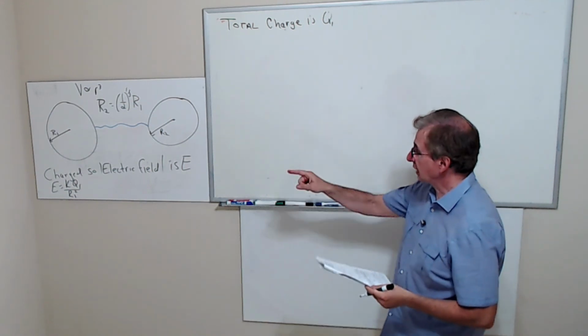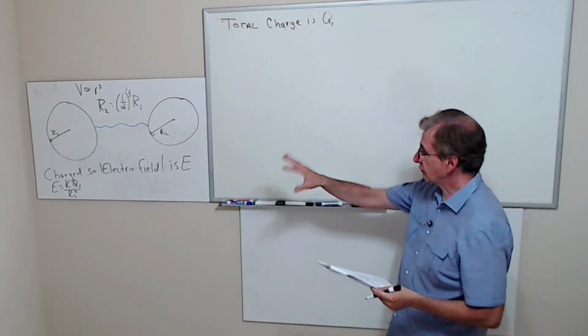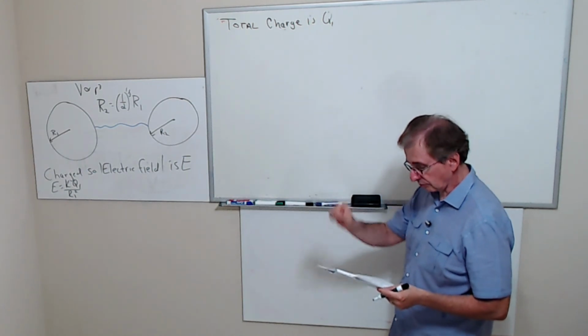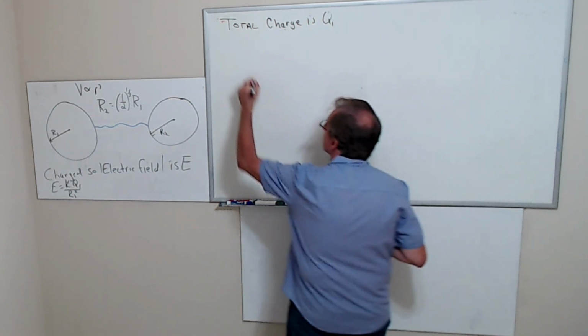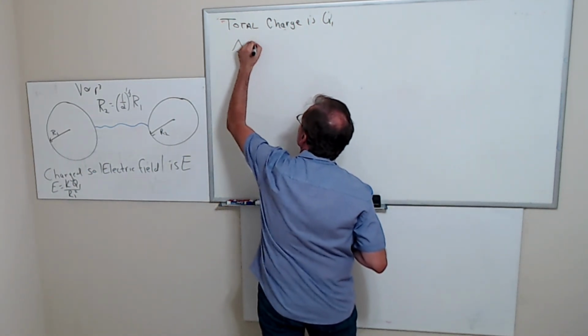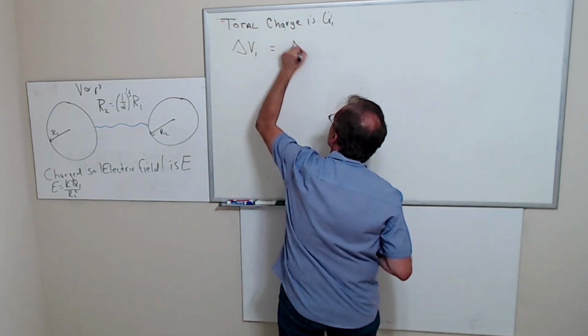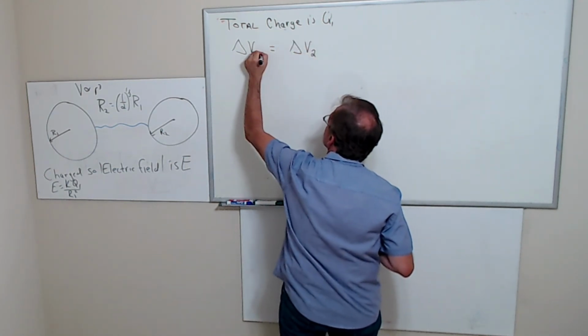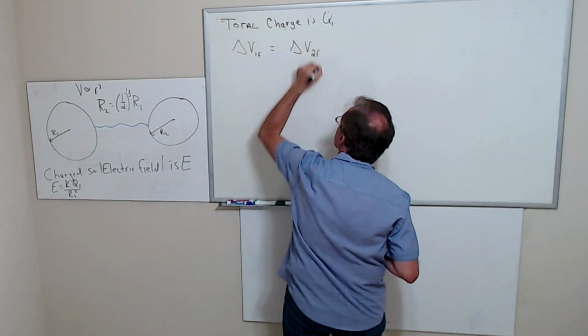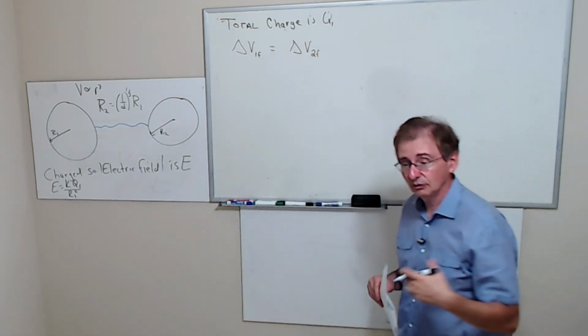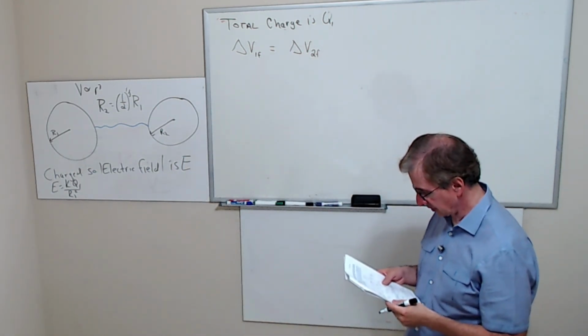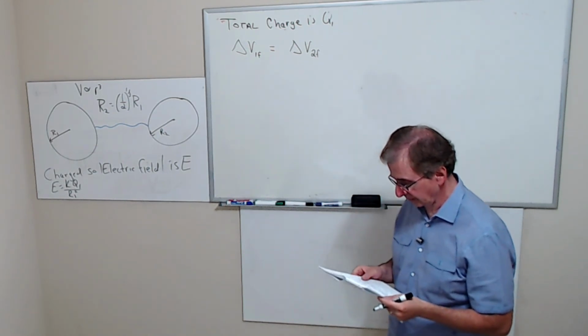Now, when we connect them together, charge will flow between them until they're both at the same potential. I'll use the subscript final to denote the potential when the system reaches equilibrium.